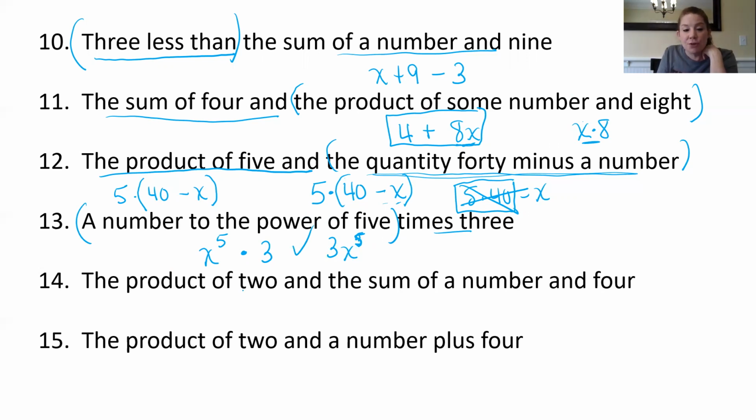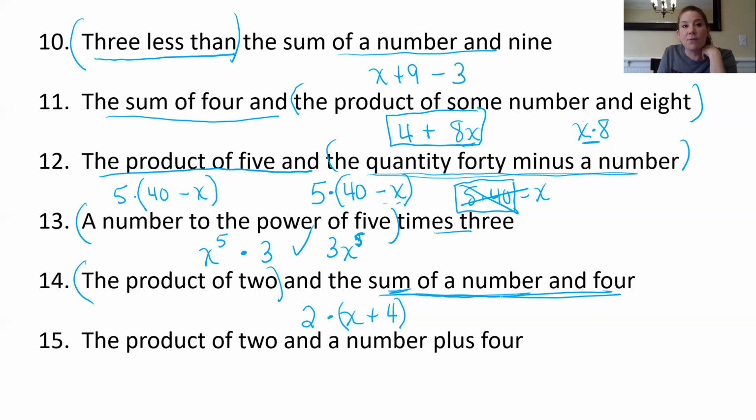The product of 2 and the sum of a number and 4. So how do you write the sum of a number and 4? Sum means add. The sum of a number and 4, we want to find that, and the product of 2. 2 times, now this is together again, right?